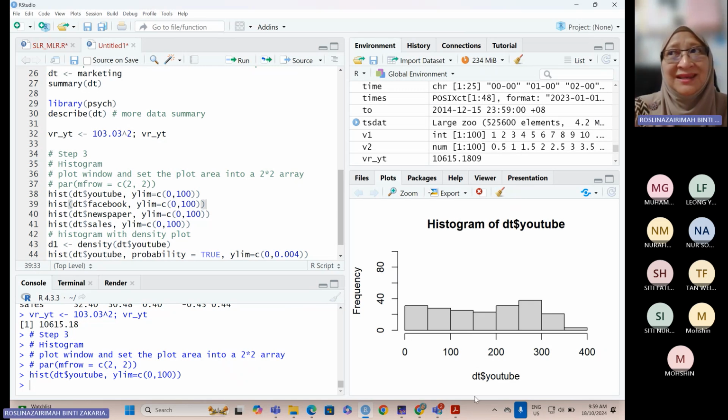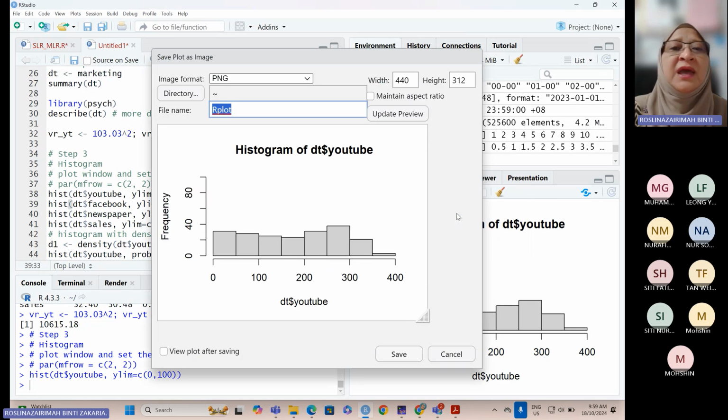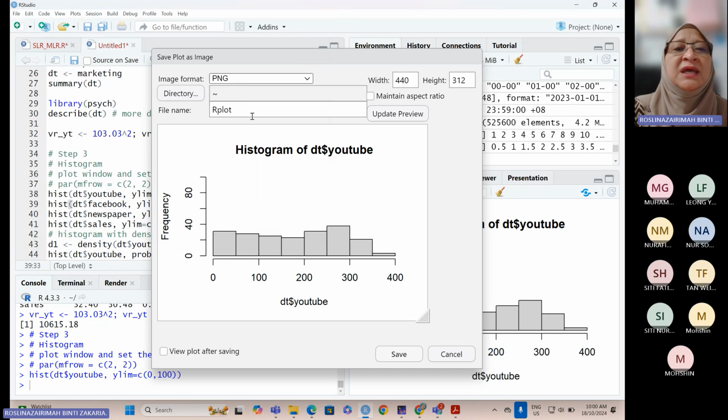But if you are doing it in R notebook, it will automatically display the output below your code. Or you can also save an image. You use your directory, where you want to save your image, and you can also rename it, let's say histogram 1, something like that.